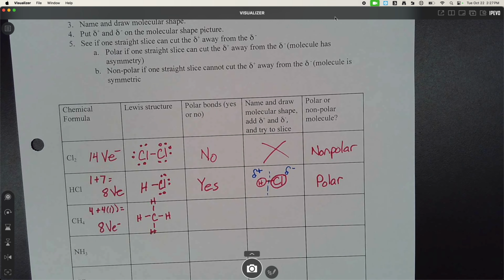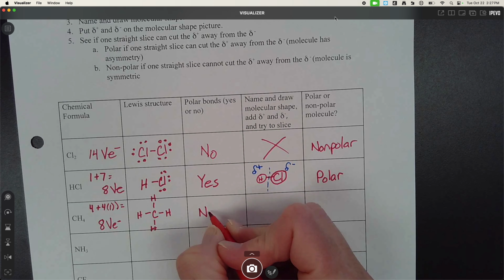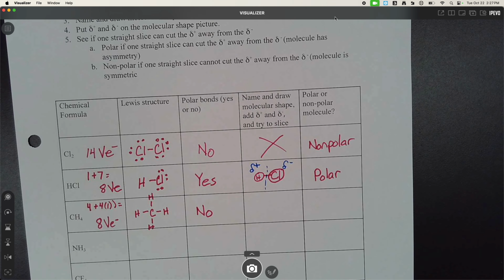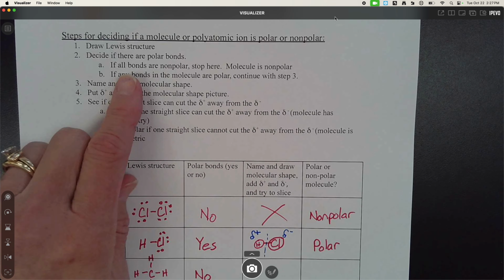And then I have to decide whether I have polar bonds or not. When I look at the electronegativity on hydrogen and carbon on my periodic table, I find out that the difference there is only 0.35. No, that's not going to have any polar bonds, and that's kind of the best case scenario.